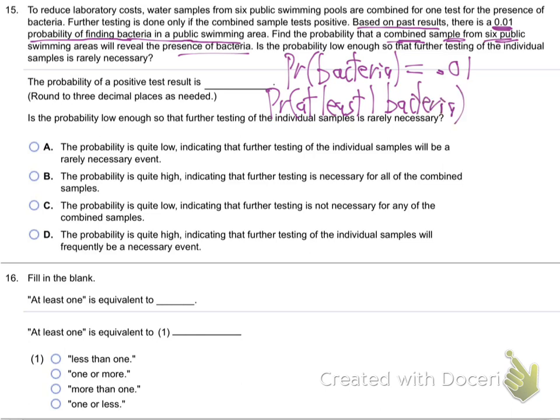Let's do one more of these. This will be our last at least one. One minus not, all multiplied together.